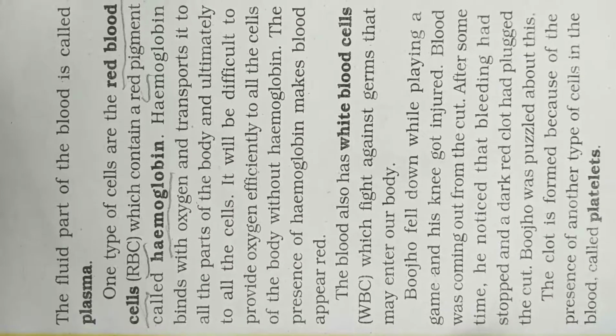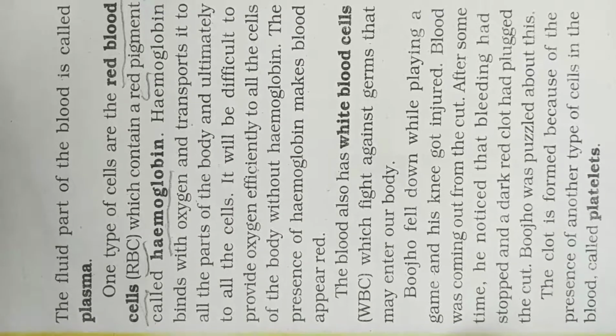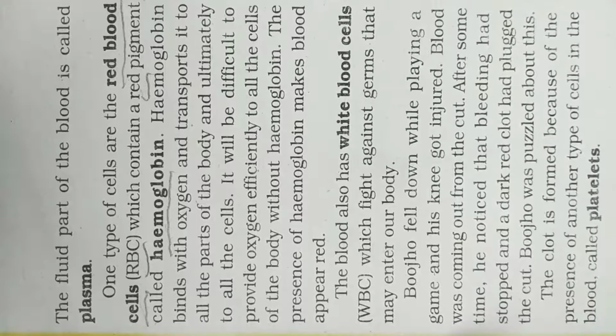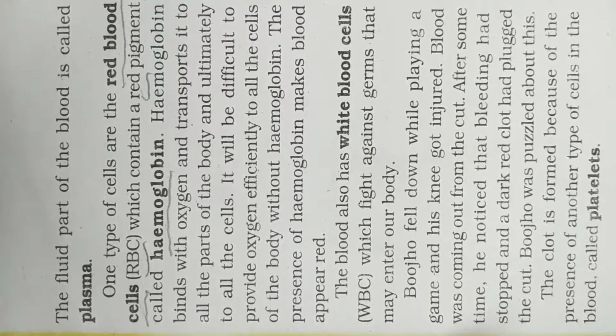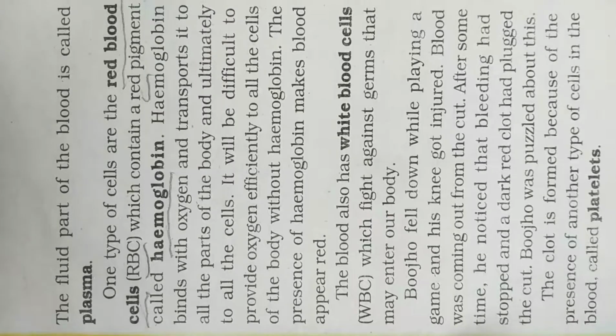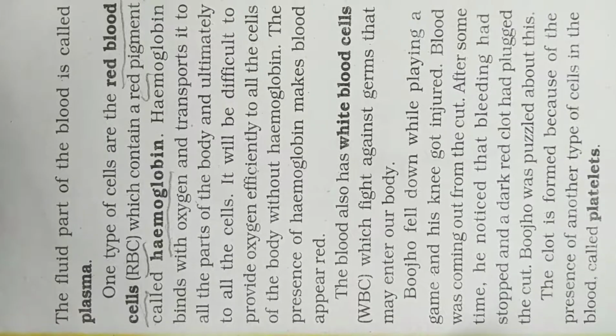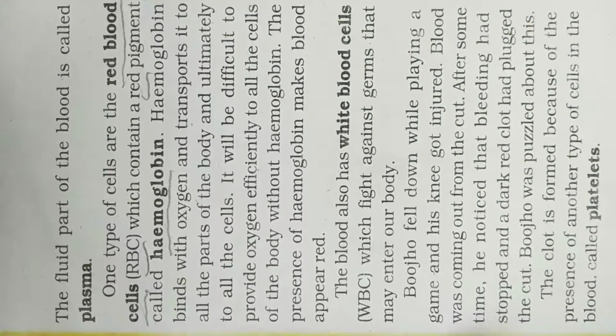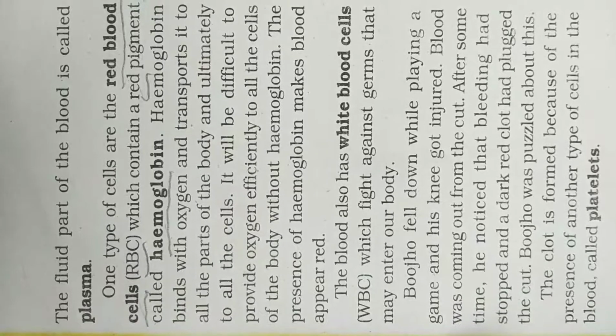So what is the function of hemoglobin? It binds oxygen and passes it to the various parts of the body. It will be difficult to provide oxygen efficiently to all the cells of the body without hemoglobin. If hemoglobin is not present in the blood, it is difficult to pass oxygen to the various parts of the body.